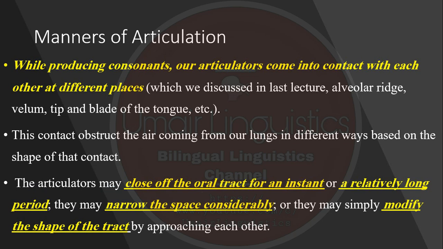In many of the consonants like b or t or d there is closure. On the other hand, sometimes our articulators modify the shape of the vocal tract by approaching each other. So in some cases the closure or the space is not as narrow as in some sounds. We are going to discuss all these manners of articulation.